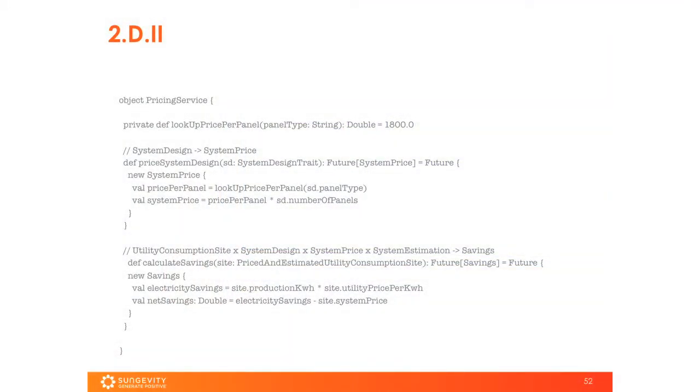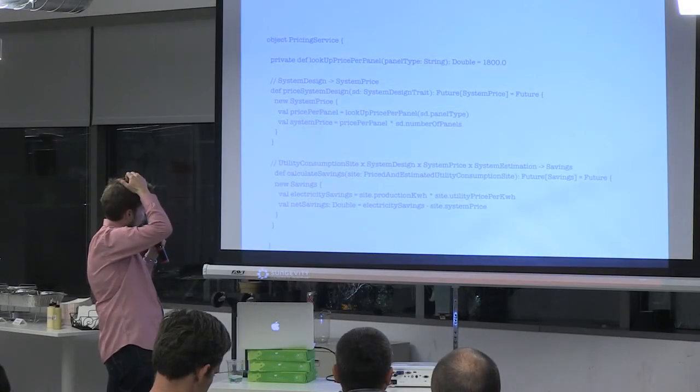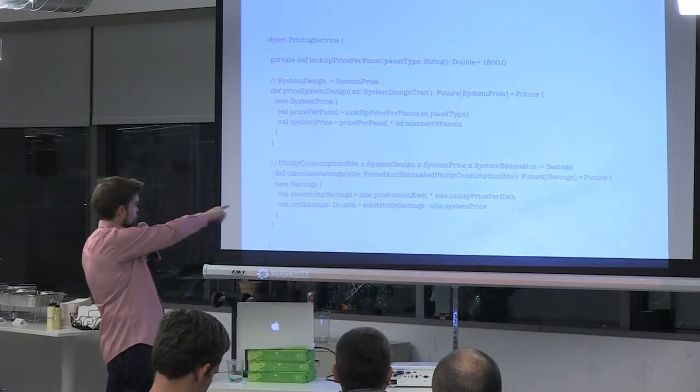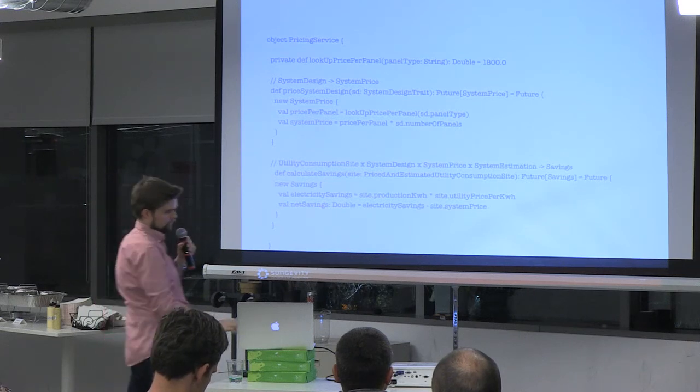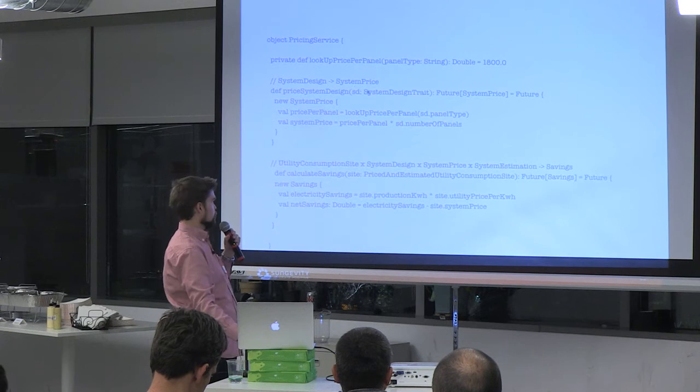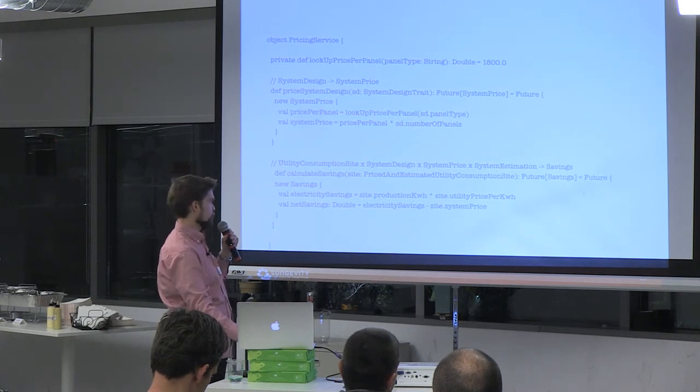Similarly, we have a pricing service where you can provide a function into a future of system price from system design. And similarly, when we're doing that savings calculation, we can include all of those traits that we defined as necessary for the quote, or priced estimated utility consumption site to savings.